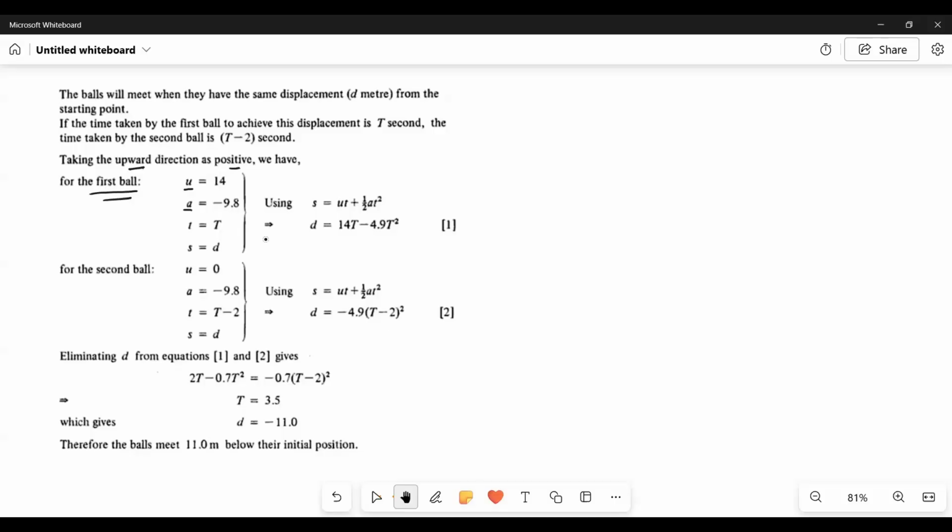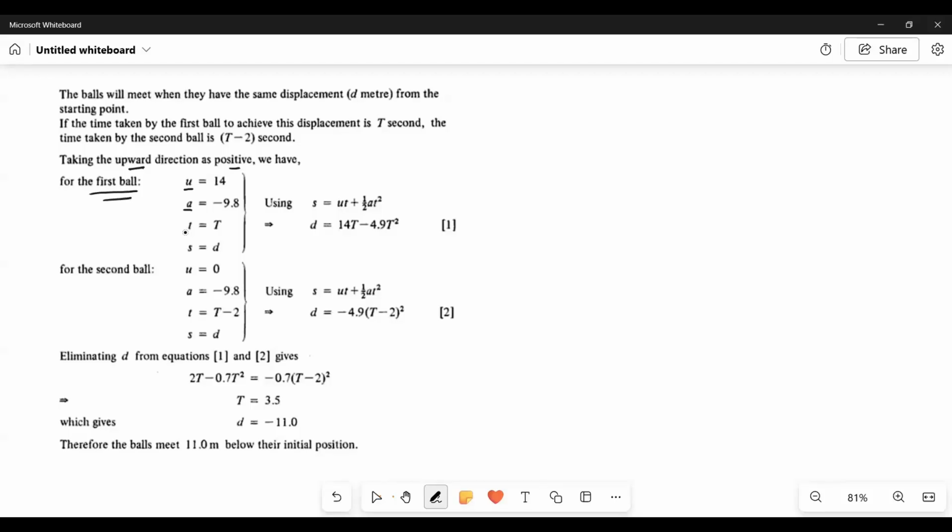So the acceleration is going to be negative, not positive. The pull of the earth is downward, and if we are taking upward as positive, then acceleration, because it's acting down, we're going to take as negative 9.8.